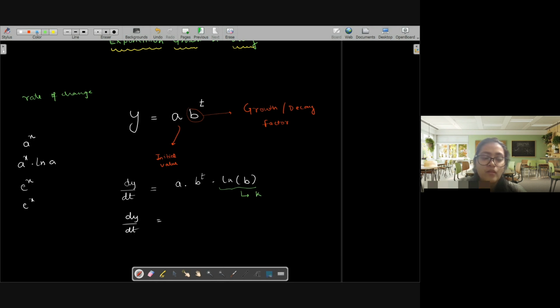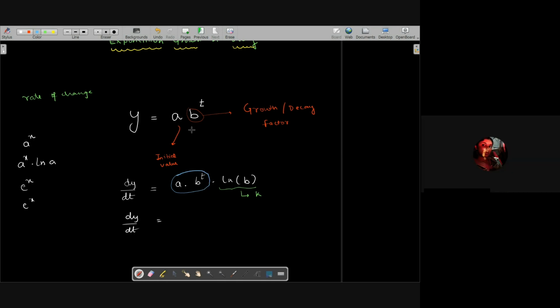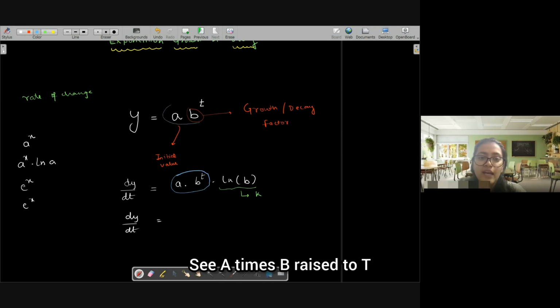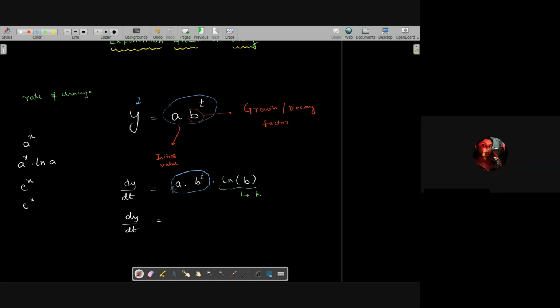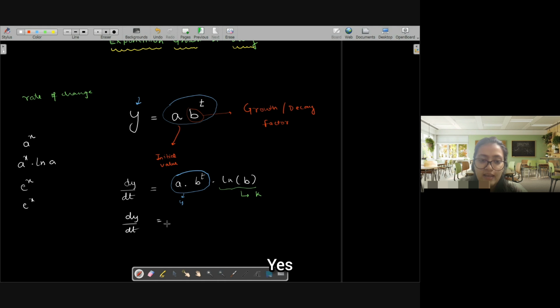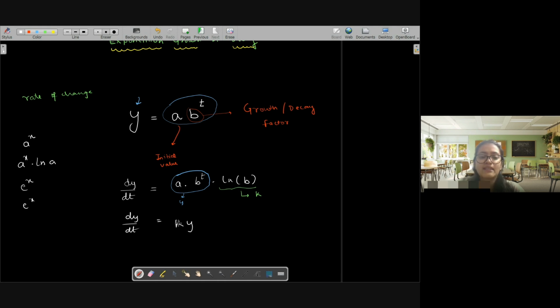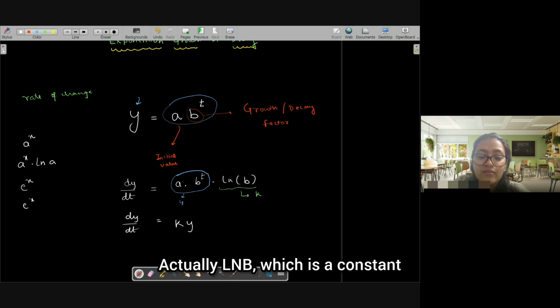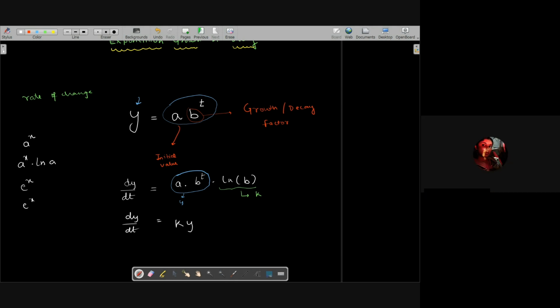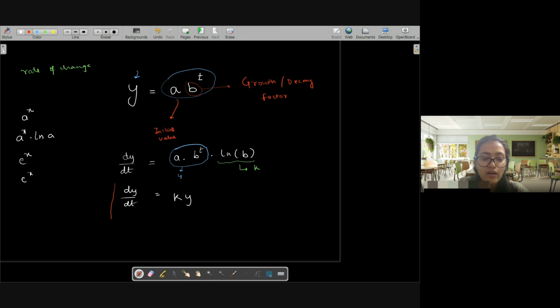And a times b raised to t is just y, right? So you could substitute y in for it. So this is equal to k times y, where k is actually ln b, which is a constant.